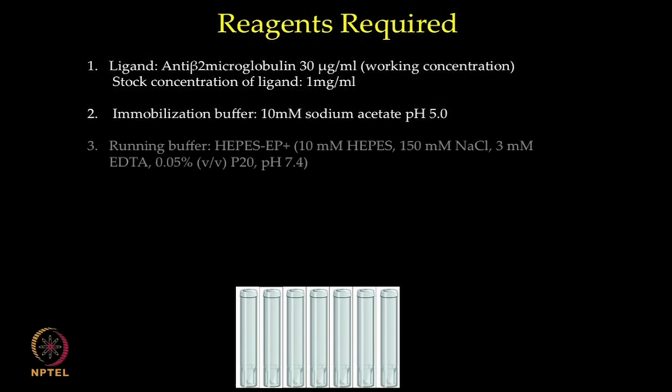We need HBS-EP+ pH 7.4, which will include 10 millimolar HEPES, 150 millimolar NaCl, 3 millimolar EDTA and 0.05% P20. This will be used as a running buffer, which is already connected to the system, followed by priming of the system.